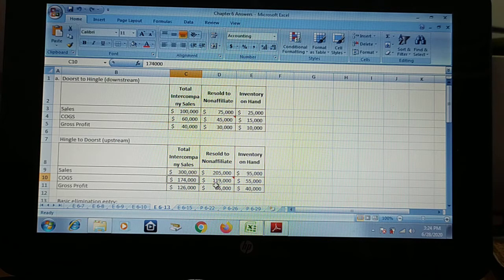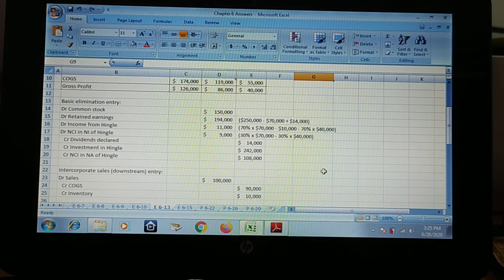And for this number, you can simply get it from 300,000 minus 95,000, then you will get 205,000. And then for the gross profit, again 42.11% times 205,000, approximately 86,000. So the COGS will be 119,000. So we have done the table and we can go to the elimination entry.